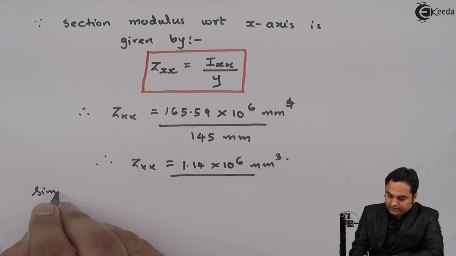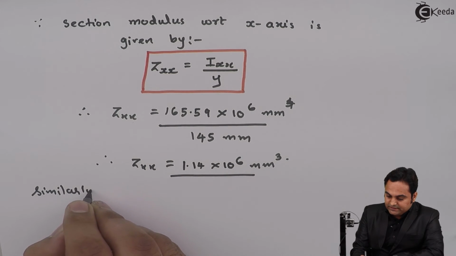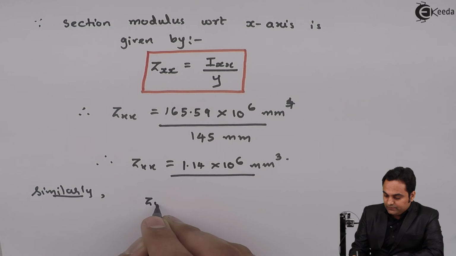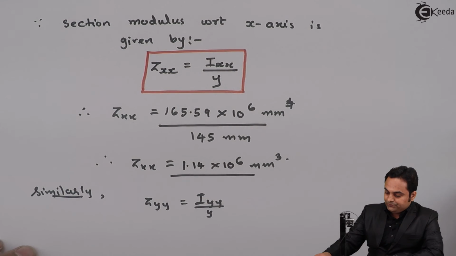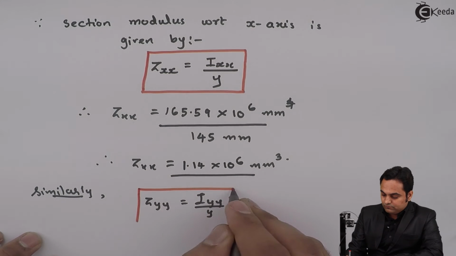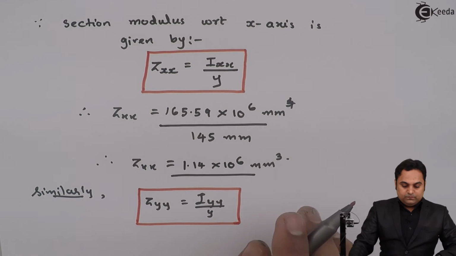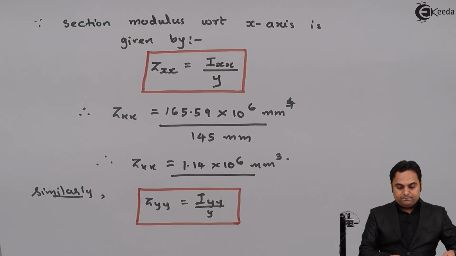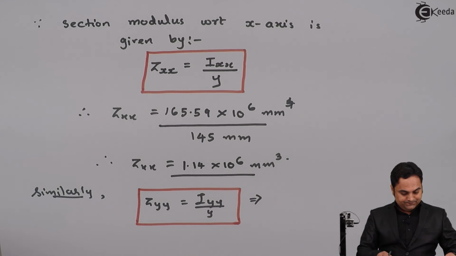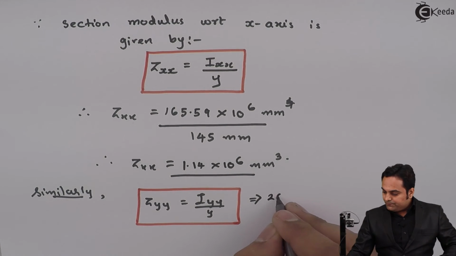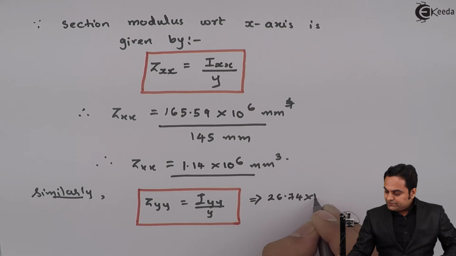Similarly, I'll write down the section modulus about y-axis Zyy is Iyy upon y, and here we have Iyy as it was 26.74 into 10 raised to 6.